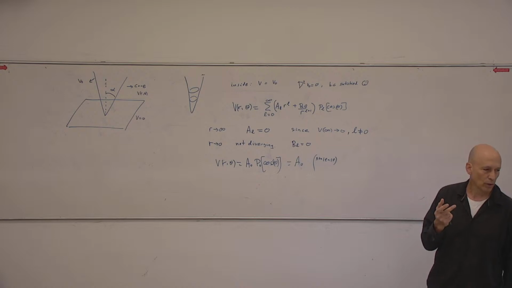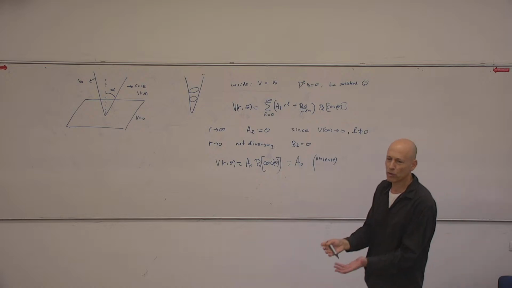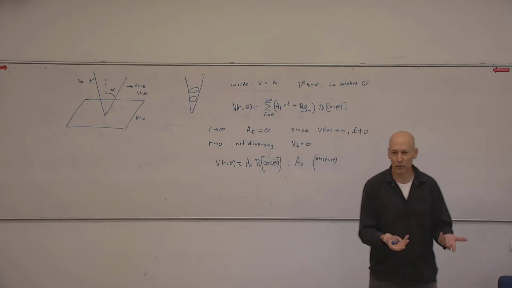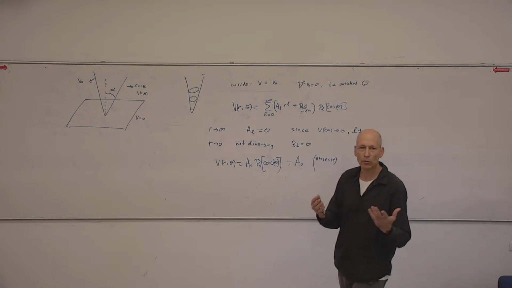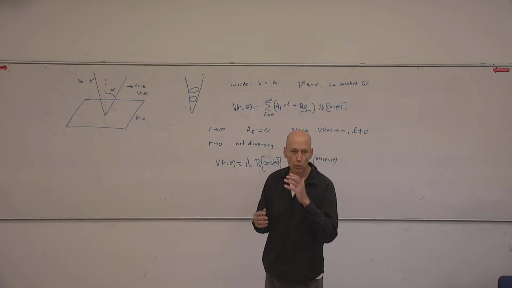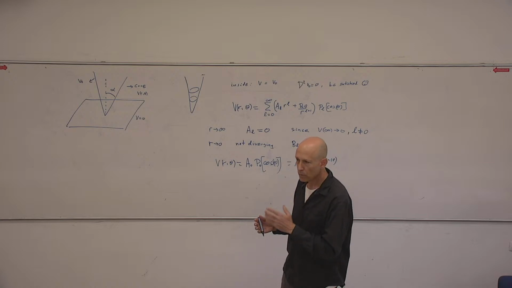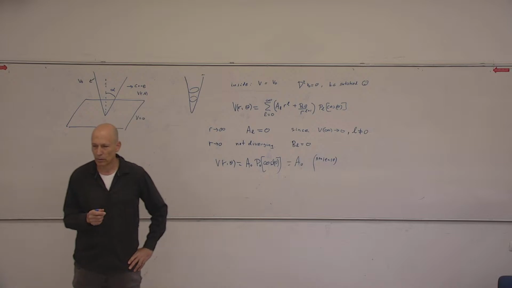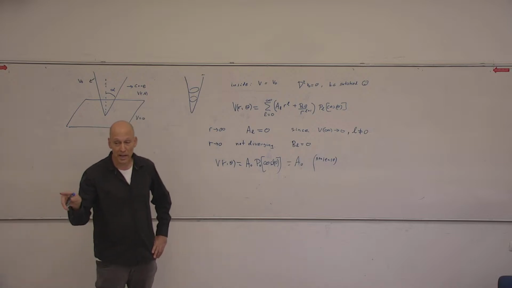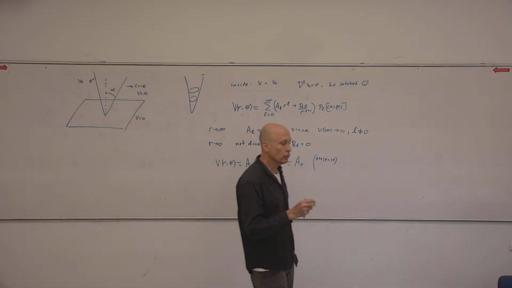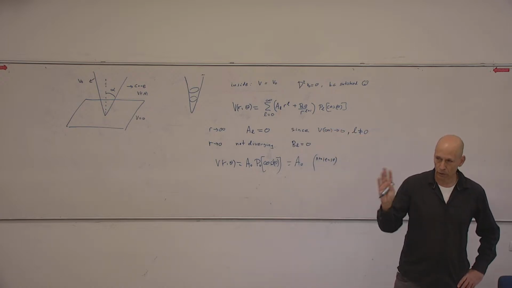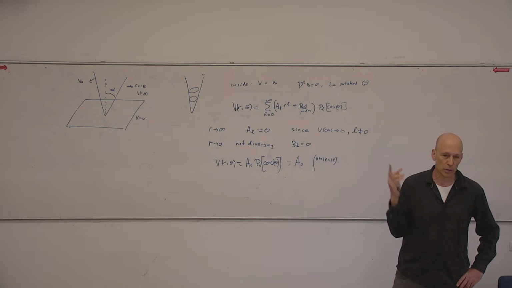If they describe the truth, then the truth can be hard, but you need to face reality. Can anyone guess why we usually don't use them? Physical, yeah. Usually we throw these functions away because they diverge somewhere. Very good. Where do they diverge in this type of problem?